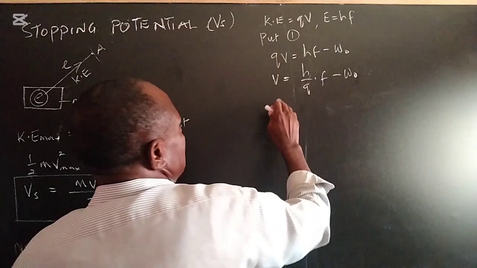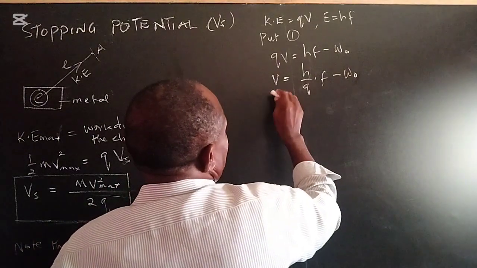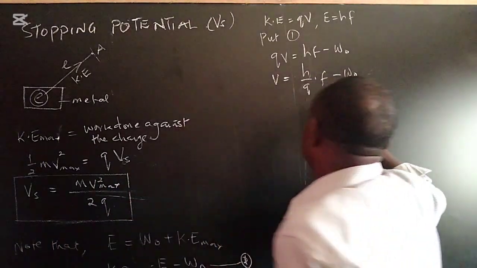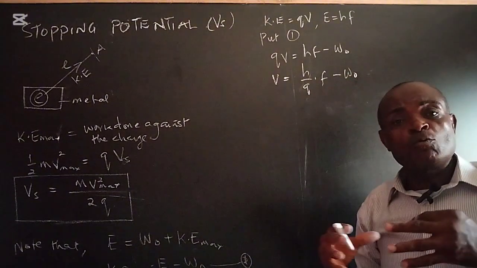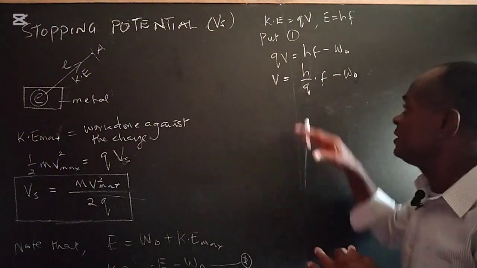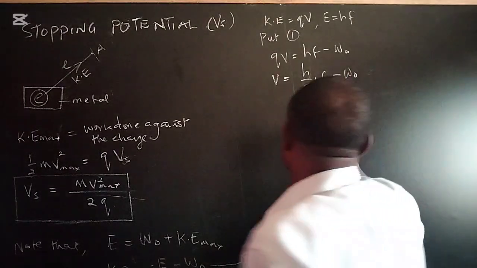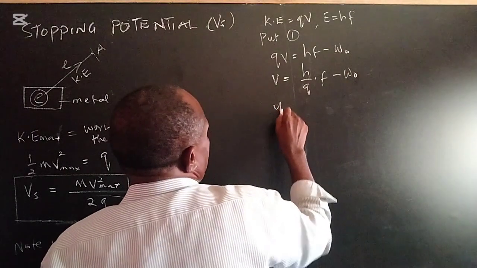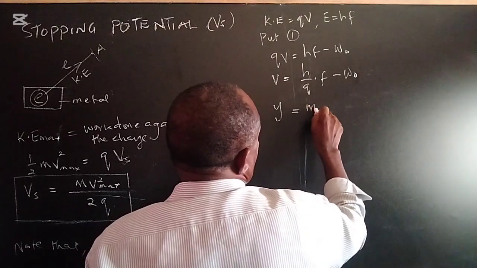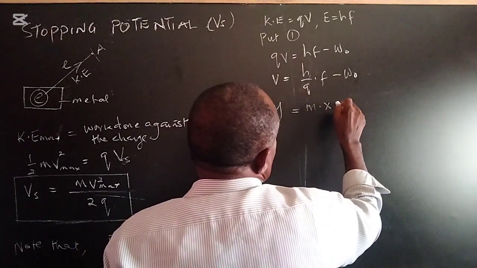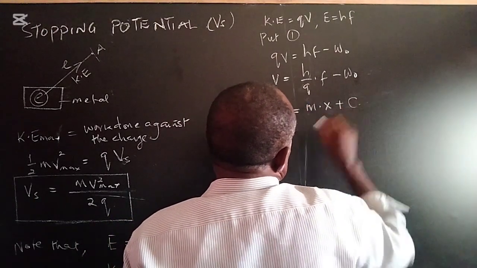So this actually helps us. If you analyze this equation very well, it looks like an equation of a linear graph. The general equation of a linear graph is m times x plus c.